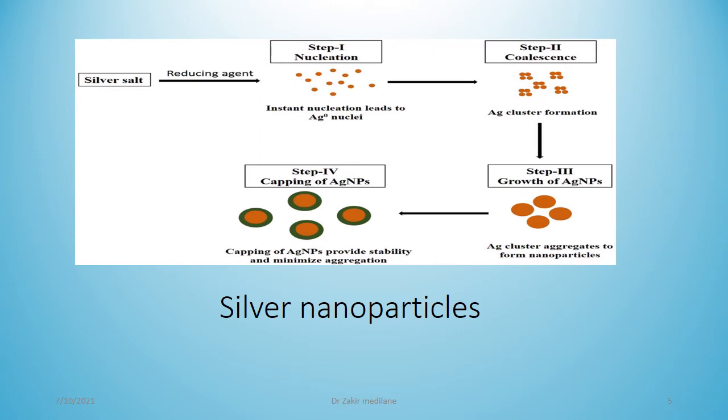Now we have to understand what nucleation is. Nucleation is a process in which crystals form from a solution, liquid or vapor, so that they form an aggregate, a cluster, which we observe in step number 1, the nucleation step.